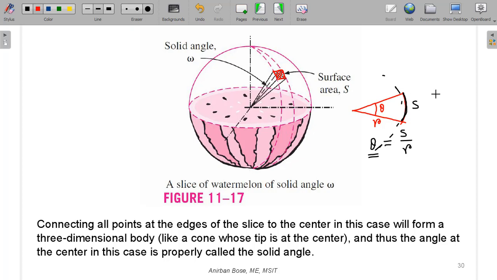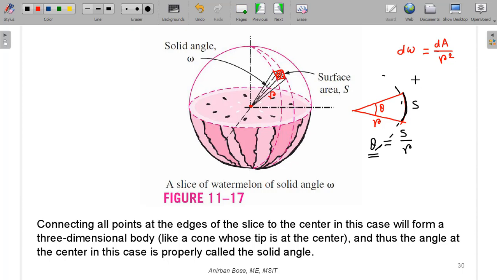In this case a very small spherical area has been considered, so if that area is dA, which is a very small spherical area, then if you want to find out the solid angle subtended by this area at this center, and if this distance is r from that center point to that area, then that dA divided by r square is the small solid angle that will be subtended at the center.